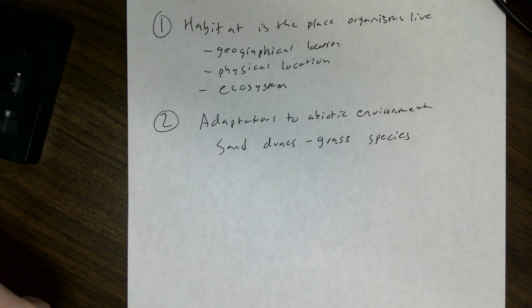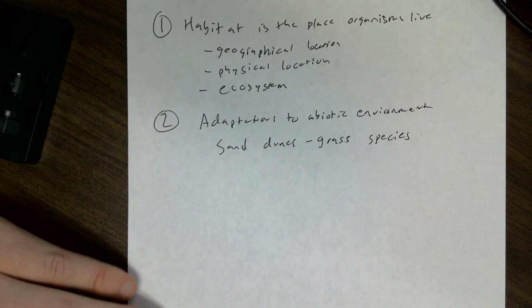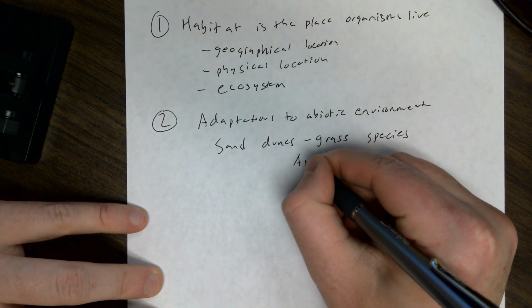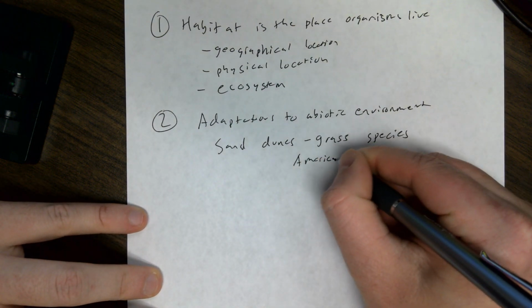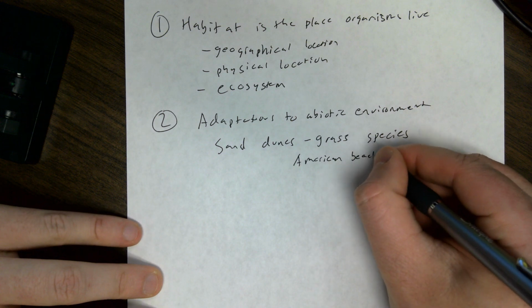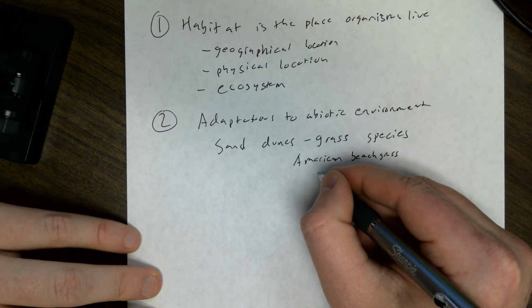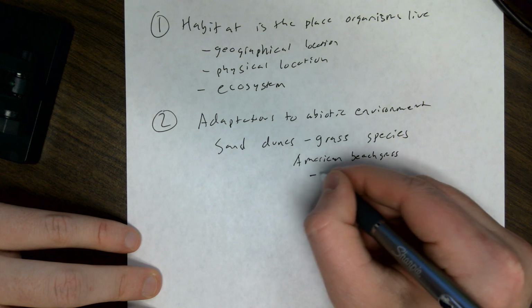One example is American beach grass. American beach grass has a really large and strong rhizome.